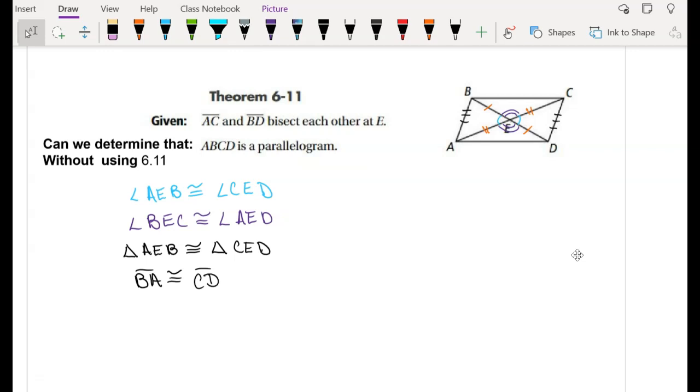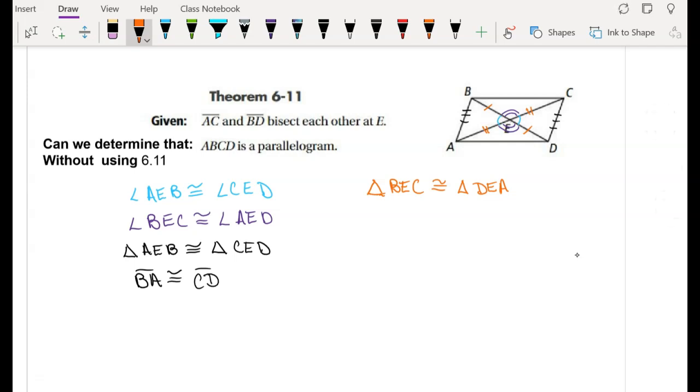So the other thing we know is triangle BEC is congruent to triangle DEA.